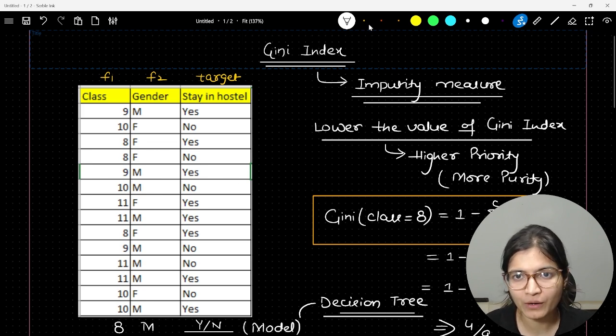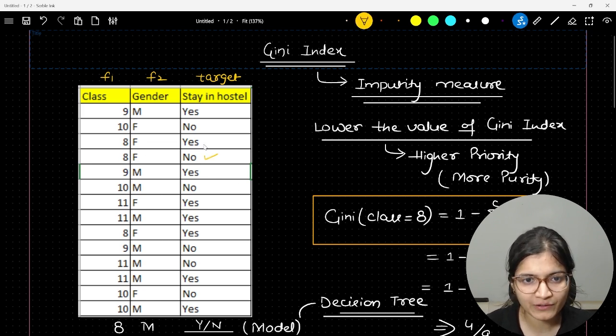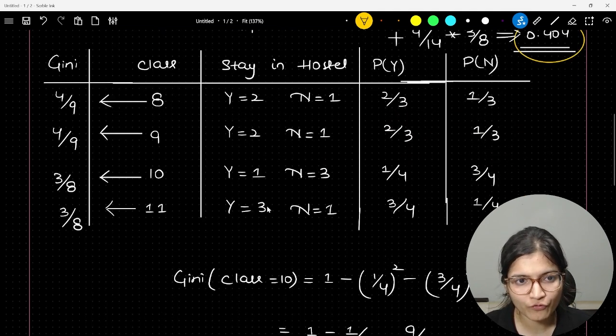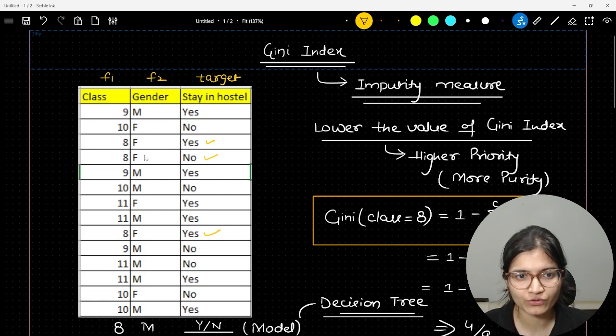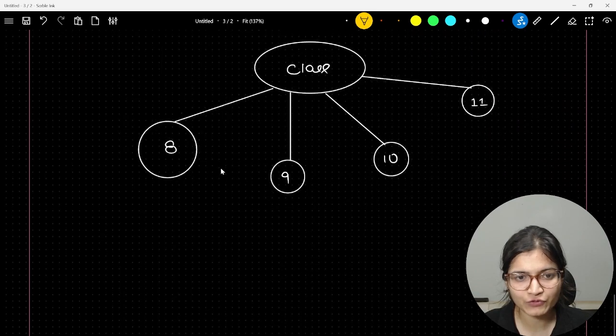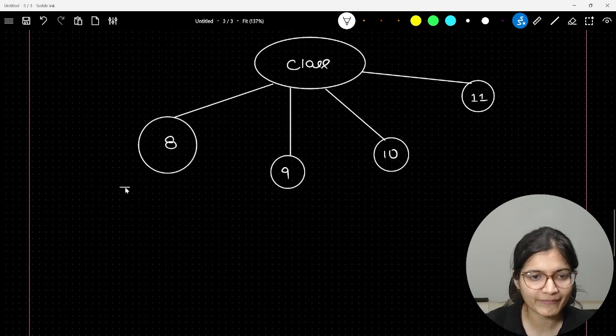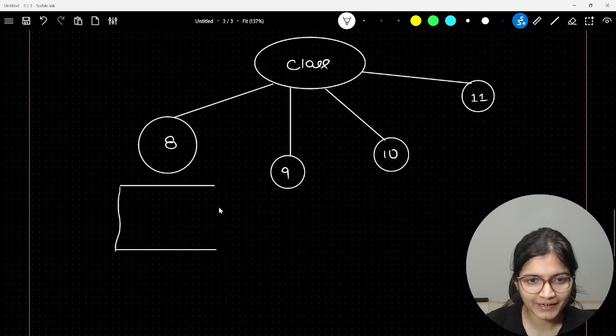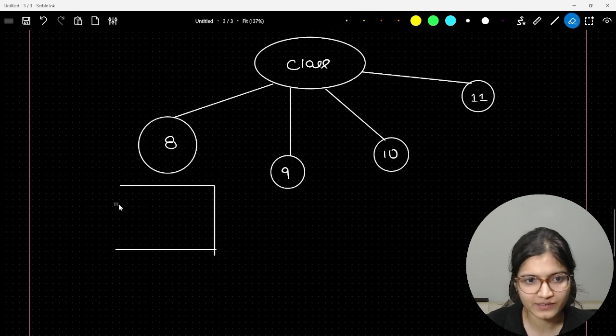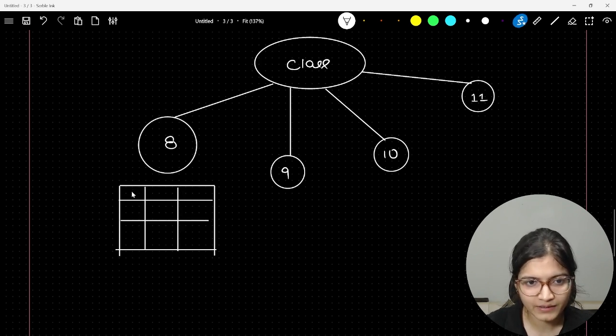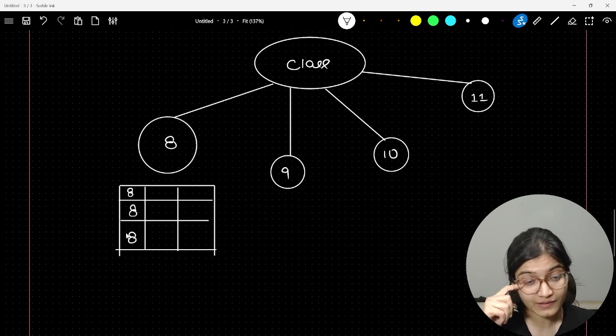For example, if you talk about 8, we are left with this particular record, this specific record, right? In total, how many records belong to 8? It is 3 records, and all these 3 records belong to female. So we will have a table which will look like this: 8, 8, 8, which is the class.